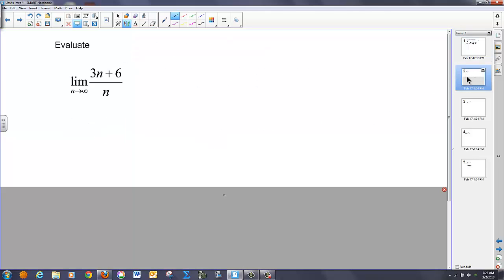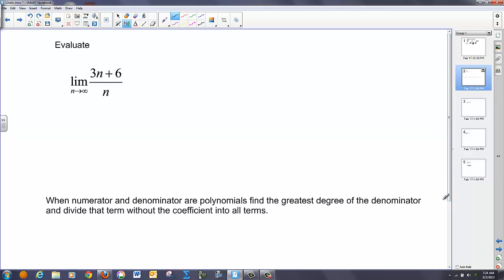In our next example, you're going to see now that we have a situation where we have variables in both the numerator and denominator. In this case, where we have polynomials in both the numerator and denominator, there's a format that we want to use to find the limit algebraically. We can kind of guess at what it would be, but we're going to go through this format.